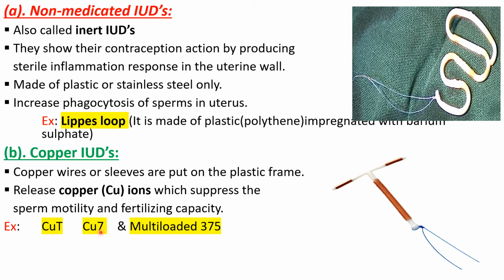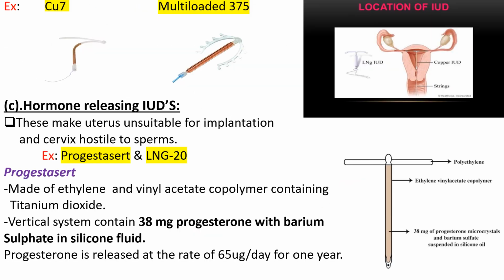Let us see the structures of copper T, copper 7 and multiload 375. This is the picture of copper T. Because of the structure like the letter T, it is called copper T. This is the example picture for copper 7. It is like the number 7, so it is named copper 7.